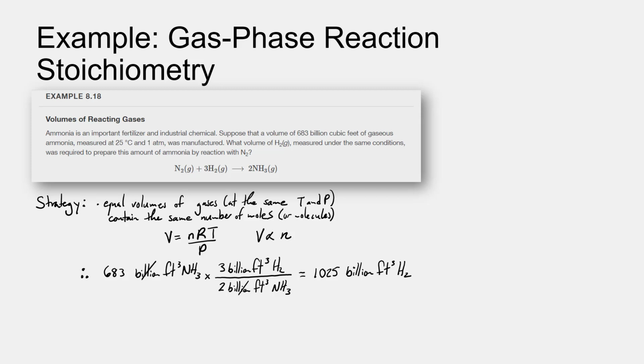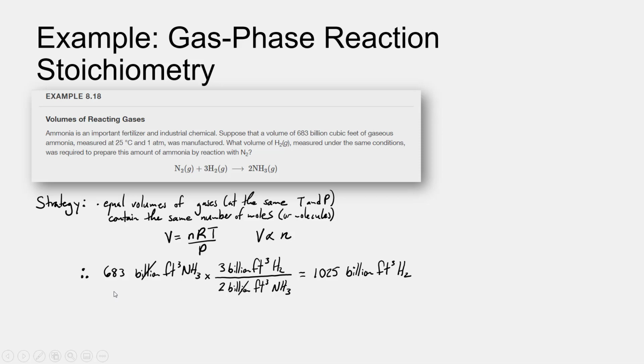Because according to the ideal gas law, with pressure and temperature being the same, what's true for moles will be true for volume. Volume directly reflects the number of moles. So to solve this problem, we can use stoichiometric coefficients from the balanced chemical equation, but instead of working out how many moles of the gas we have, we can just say the same thing about volume, because 1 mole of either gas will occupy the same volume at this temperature and pressure combination.